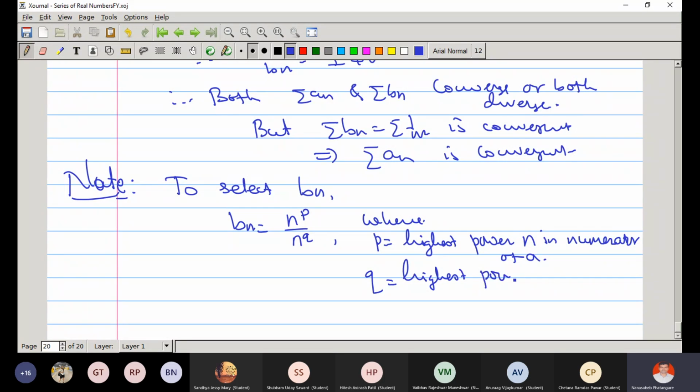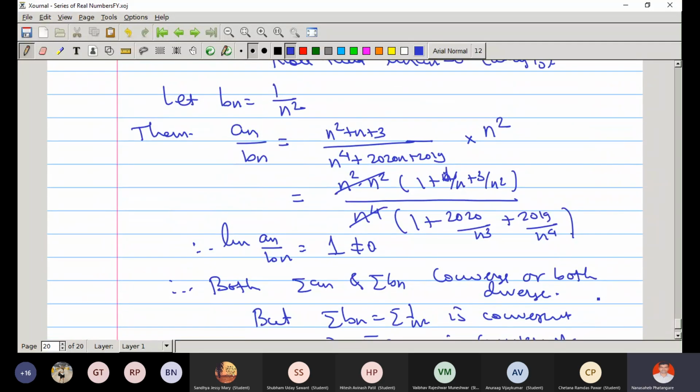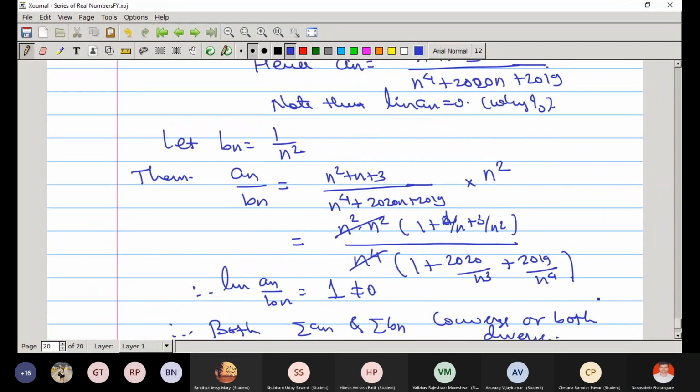The highest power of n in the denominator of an. Is this clear what I am saying? Yes, sir.